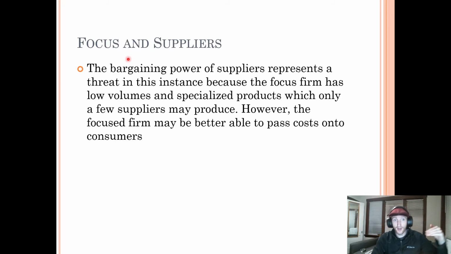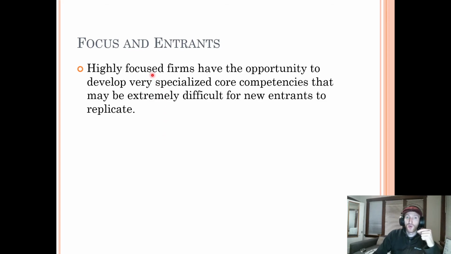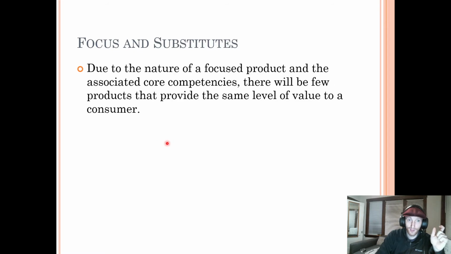With your suppliers, all right, this actually represents somewhat of a threat in this instance because the firm has low volume and specialized products which only a few suppliers produce. So that means you're kind of at a disadvantage. However, ideally, you're going to be able to pass those costs onto the consumer. All right. With new entrants, you are highly focused, so you have the opportunity to develop very specialized core competencies that may be very difficult for a new entrant to replicate.